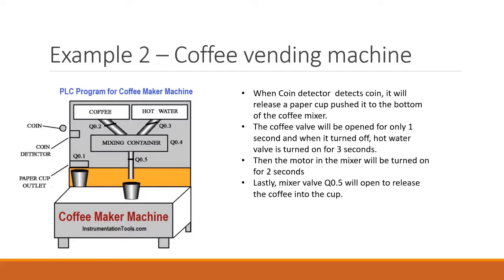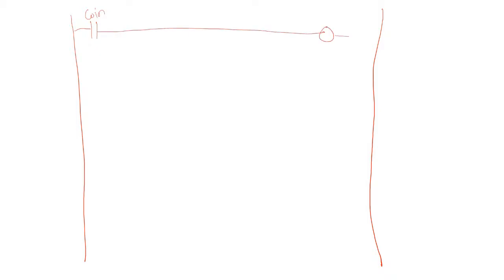Now let's do this program. Okay, as always, just do your ladder first, left hand side and right hand side. Alright, so firstly you have the coin. When the coin detector is turned on, it will turn on the cup pusher.